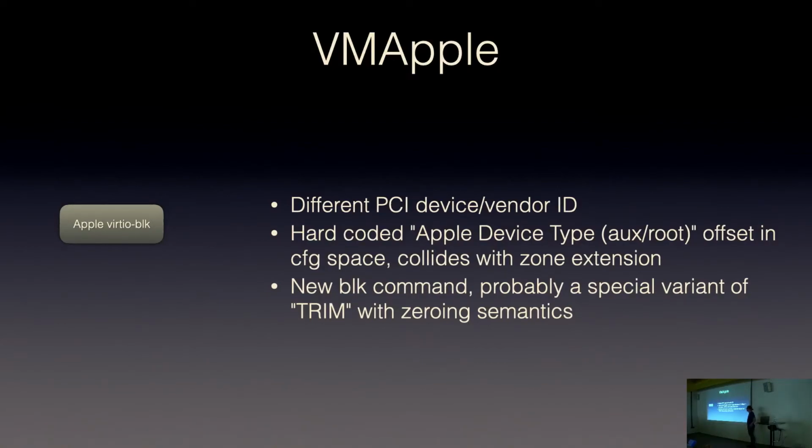You can only use one over the other. They also introduced a new block command, which I inferred is basically a trim with 0. So you have a clearly defined command that just says wipe this data.